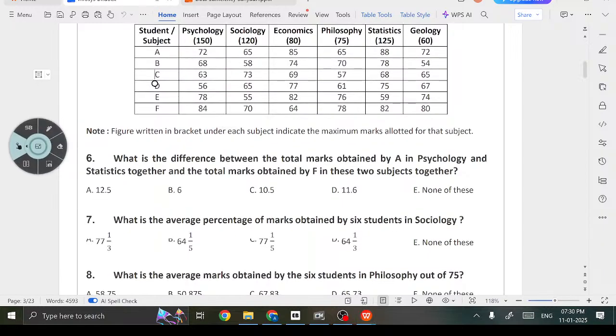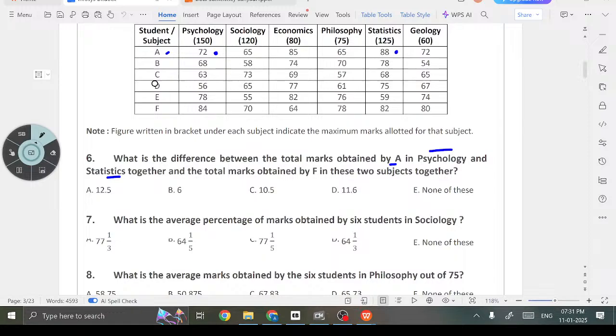Let's see the first question. What is the difference between the total marks obtained by A in psychology and statistics together and the total marks obtained by F in these two subjects? So A in psychology and statistics together: 72 plus 88 will become 160.